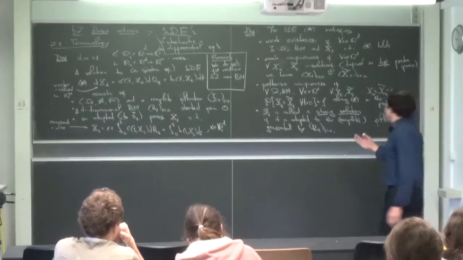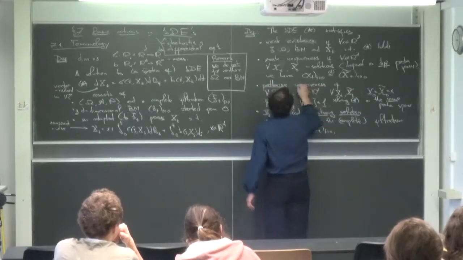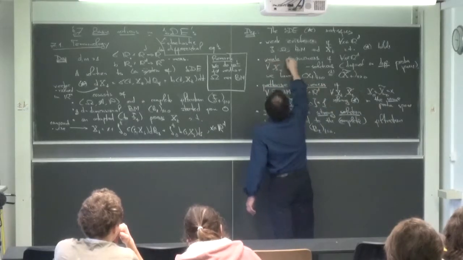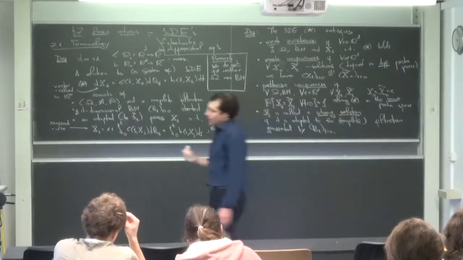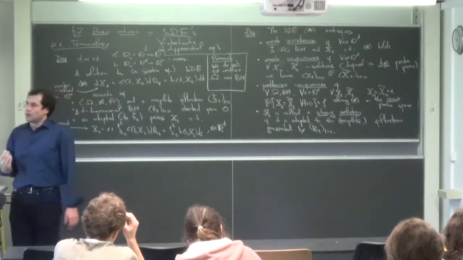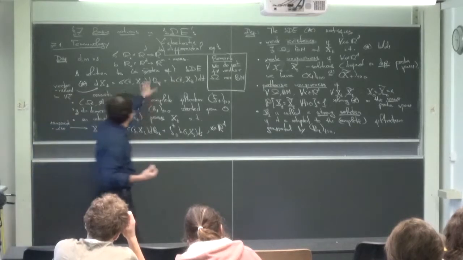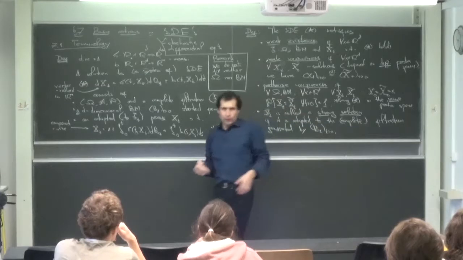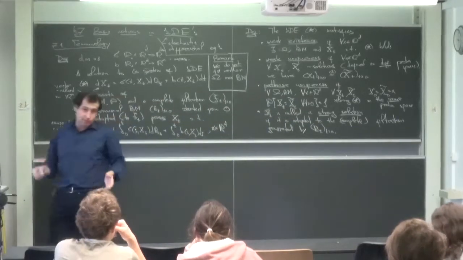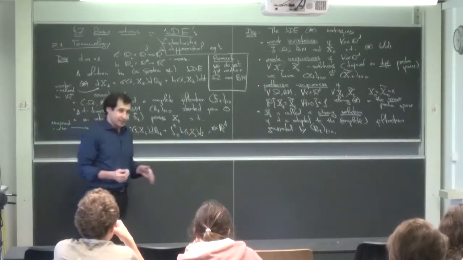So basically what is the reason for the last notion? Just imagine that you would like to solve such SDEs numerically. Then the very natural way to proceed is to sample Brownian motion, however you represent it in a machine.